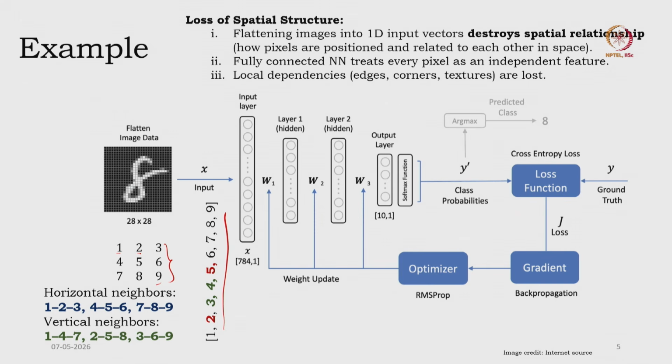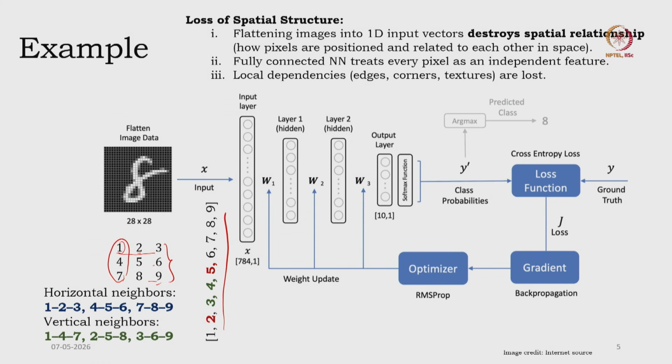For 2, 1 and 3 are the neighbors. So the horizontal neighbors are 1, 2, 3; 4, 5, 6; and 7, 8, 9. In a similar way, the vertical neighbors are, for 4, the neighboring pixels are 1 and 7. So 1, 4, 7 are the vertical neighbors.